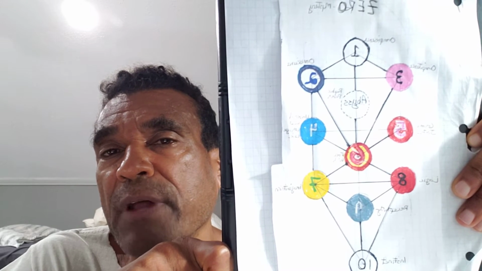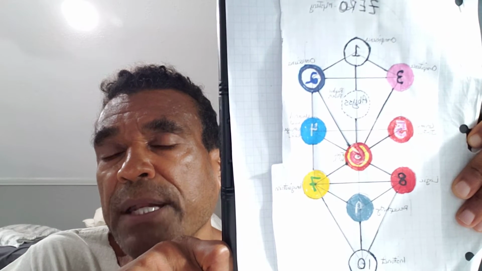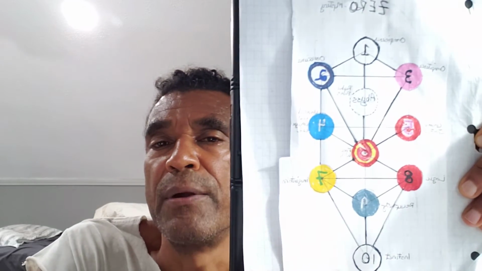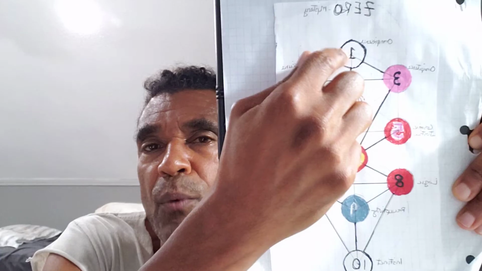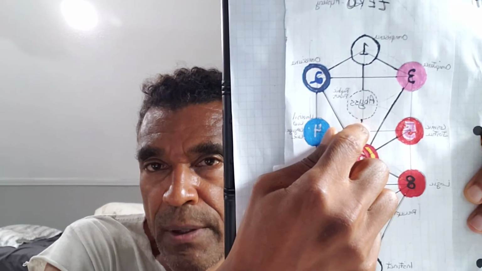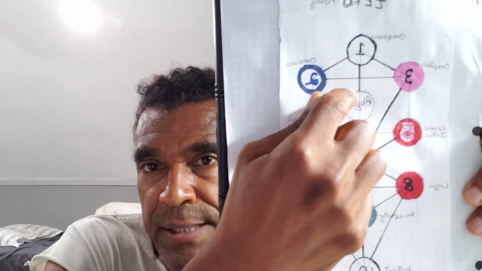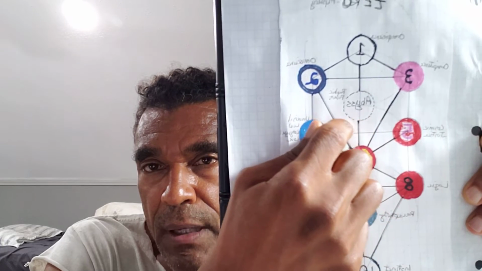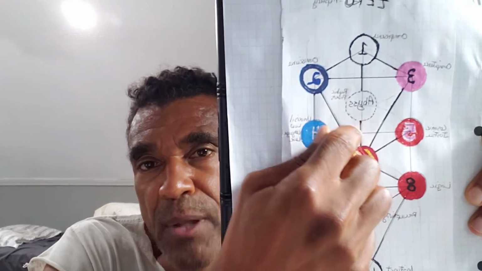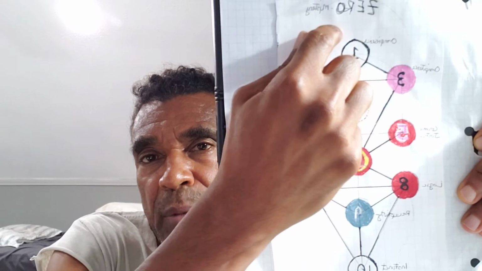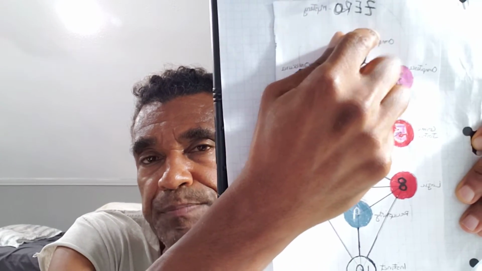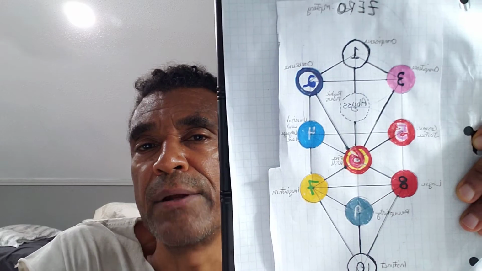As you can see, the Tree of Life has 10 different circles on it, or spheres, that are numbered 10, 9, 8, 7, 6, 5, 4, 3, 2, and 1. There is an implied circle or sphere that's called the abyss, and then a 0 above the tree, which makes a total of 12 different categories.